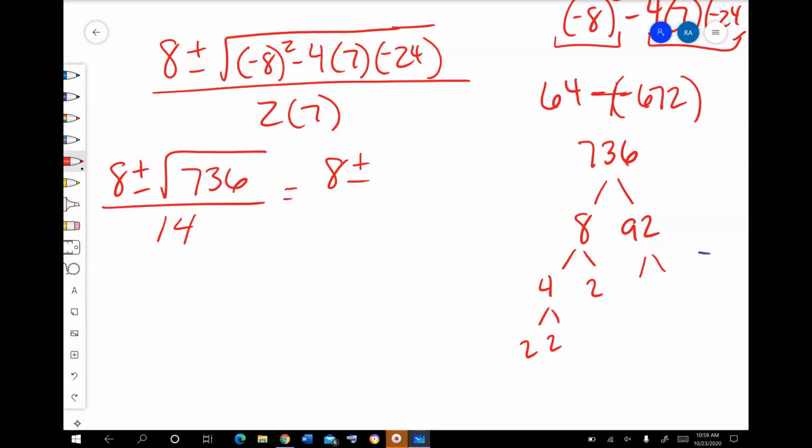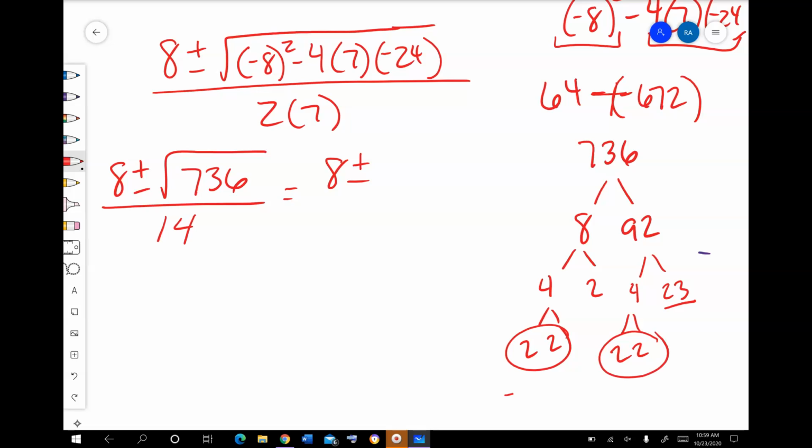92 can be divided by 4. 23 is prime, so we leave it alone. And then 4 is 2 and 2. Circle your pairs. I got a pair of 2's, another pair of 2's.